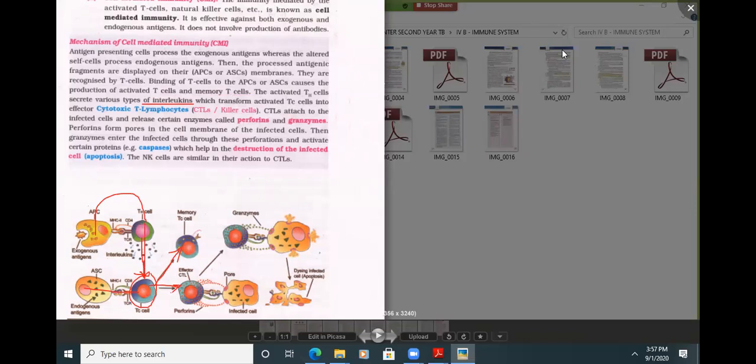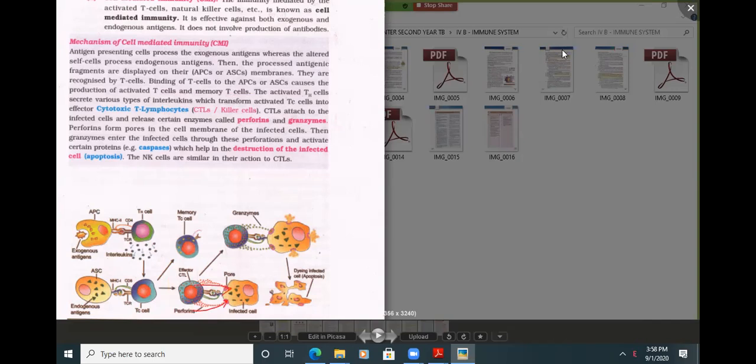Then what happened? The cytotoxic T lymphocyte, that means this one, the effector CTL, attaches to the cells and releases perforins that form pores in the cell membrane of the infected cells. You see here the perforin making holes.